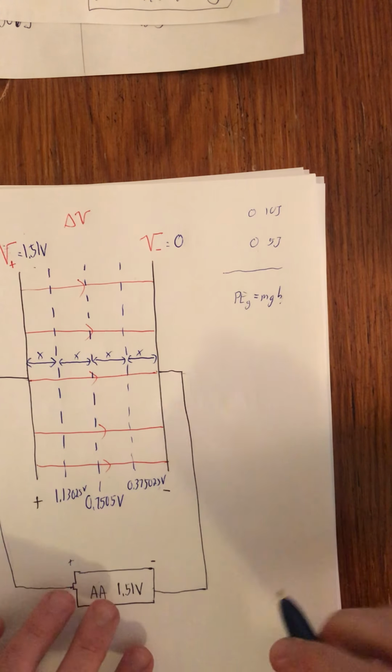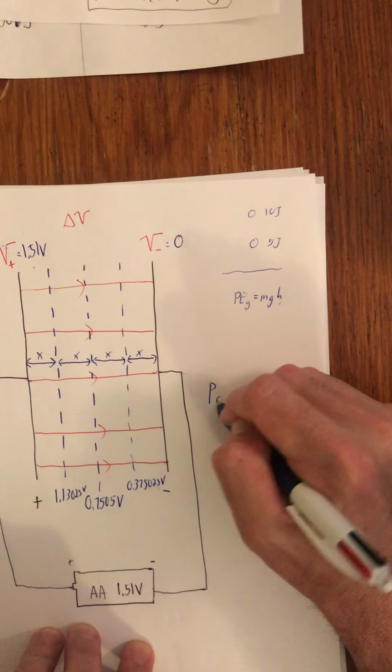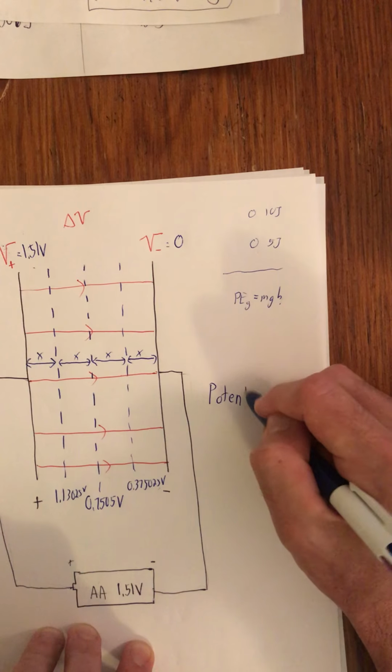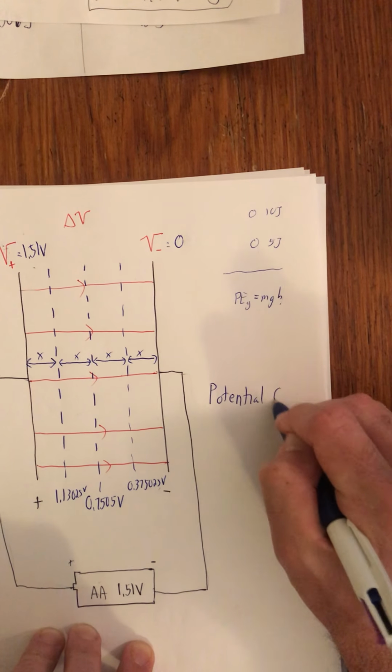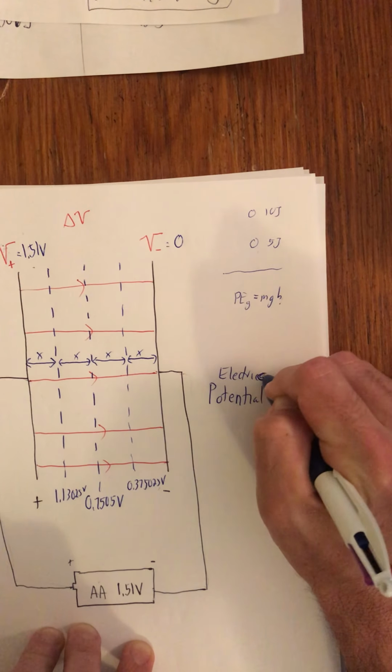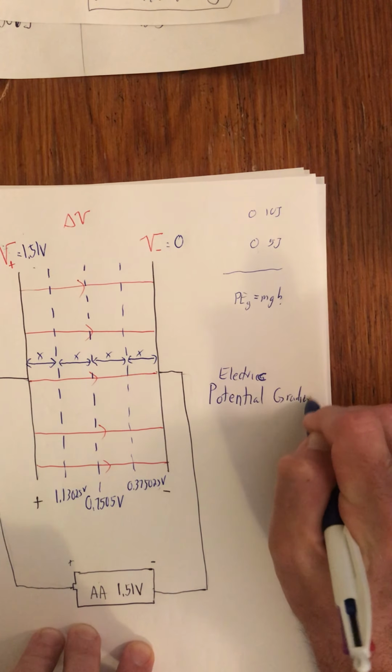All right, so now what I want to do is link that to the last thing I want to talk about here. Potential gradient, or electric potential gradient. What is this?